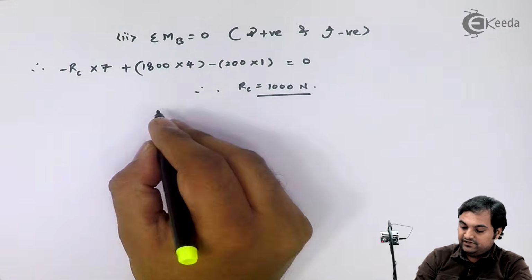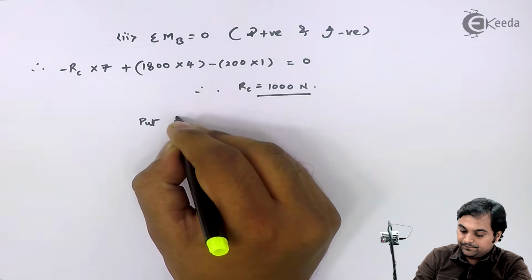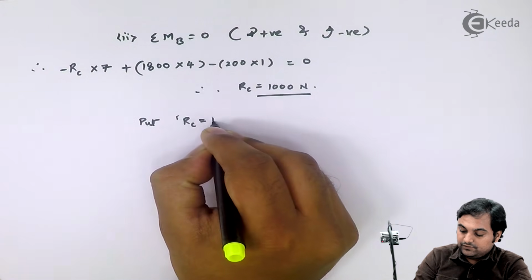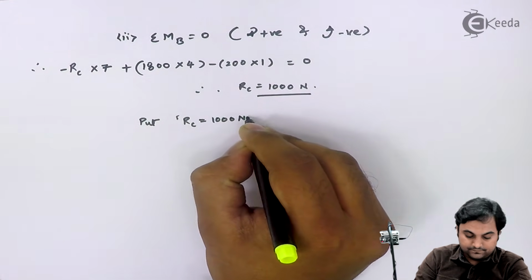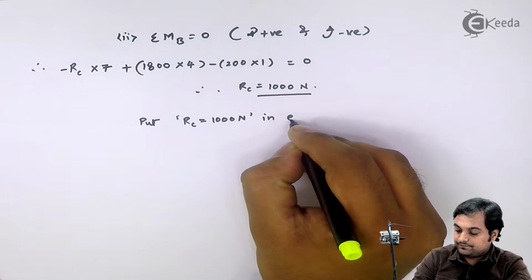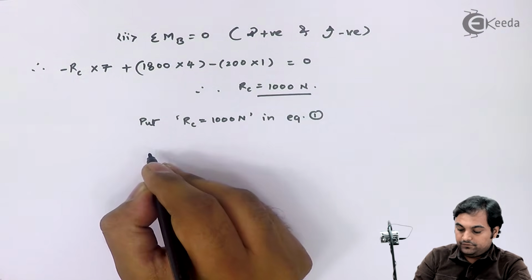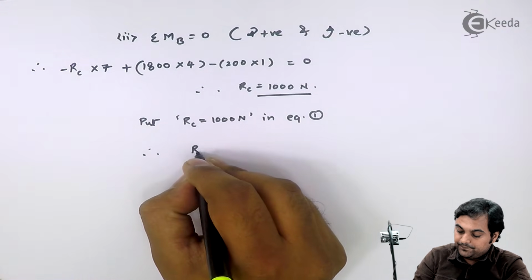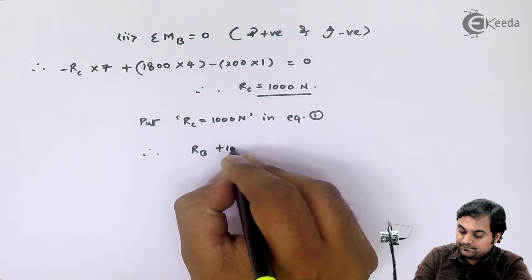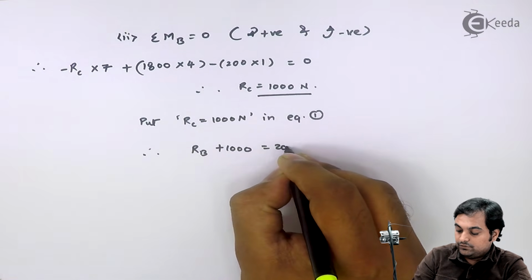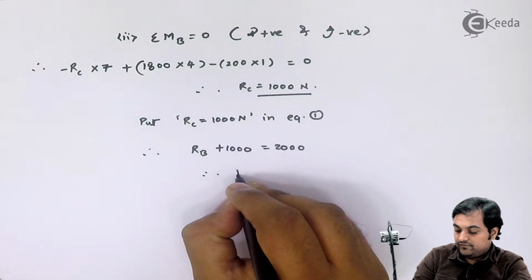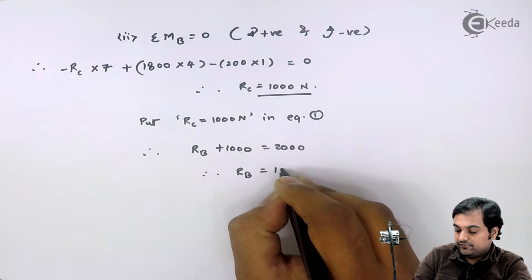Next, I will put RC equal to 1000 Newton in equation 1. So I have RB plus 1000 is equal to 2000. Therefore RB value will also be 1000 Newton.